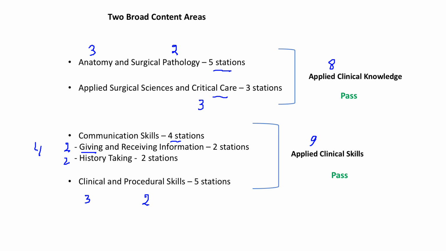Even if you do not pass in individual stations, if your overall combined marks are above the pass mark in applied clinical knowledge, you will pass this component, and if you pass both components, you pass the exam.